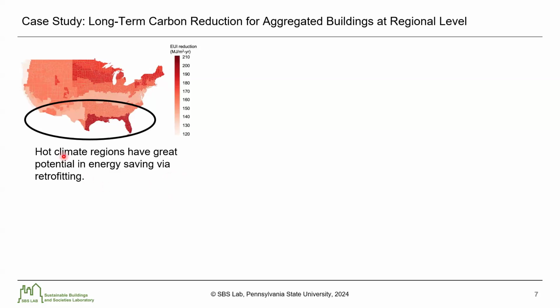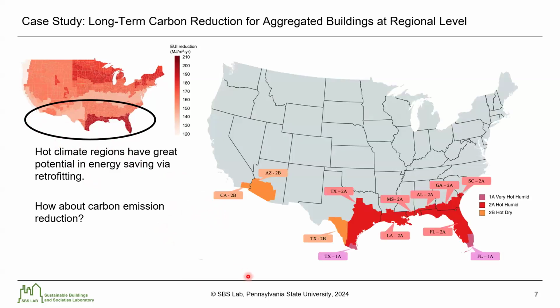According to the figure, the hot climate regions, like Florida and some parts of Texas, have a great potential to reduce energy with the building energy efficiency measures. So we wondered, how about the carbon emission reduction?